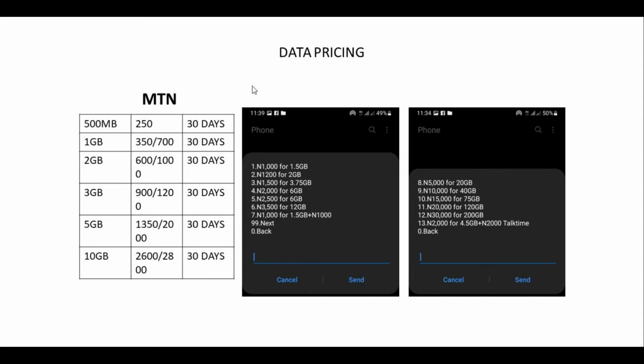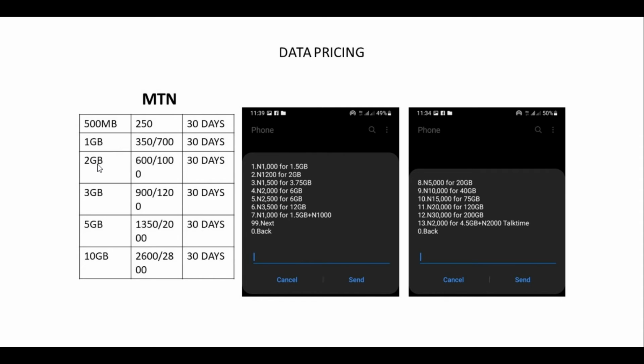You can actually take this screenshot and upload it on your status on Facebook or Instagram, whatever social platform, so that people know that you're selling data. For the MTN data plan, for 500 MB we're selling it at 250. 1 gig we're selling for 350 or 700. I will explain why I did this. Just stay tuned to the end of this video.